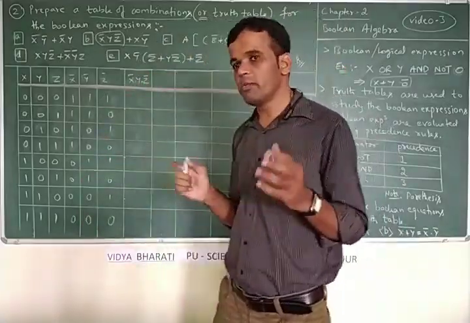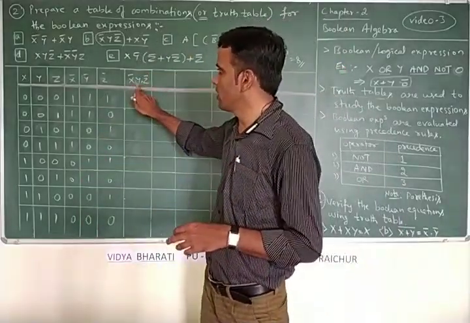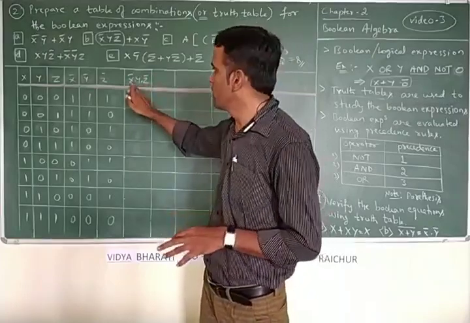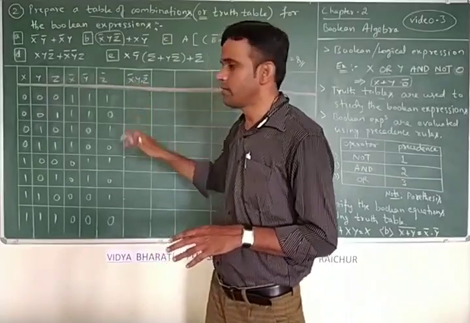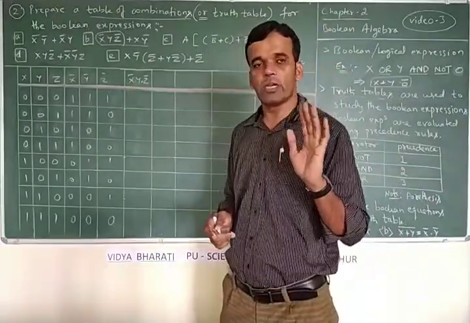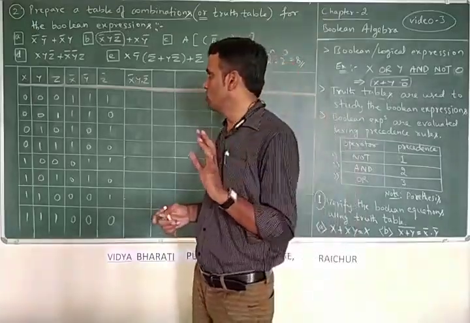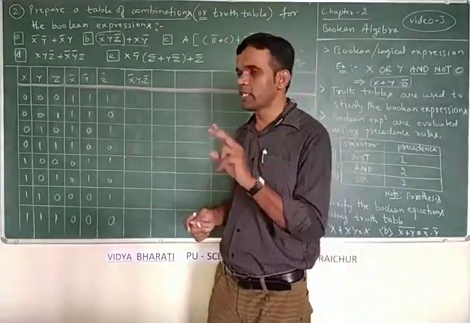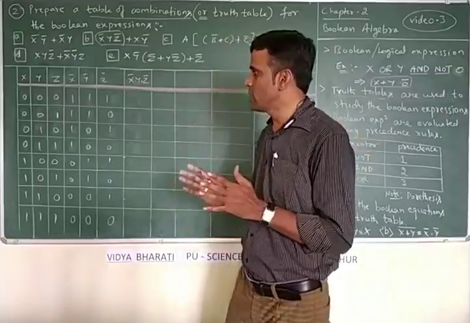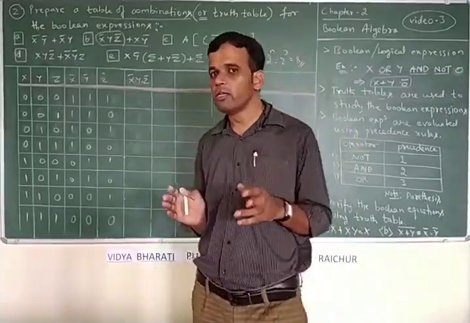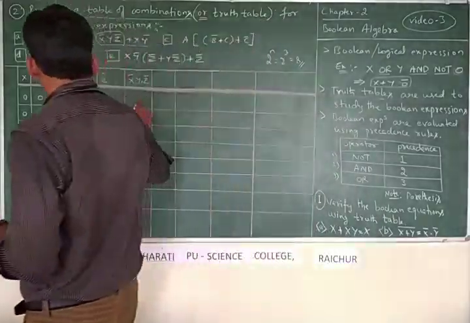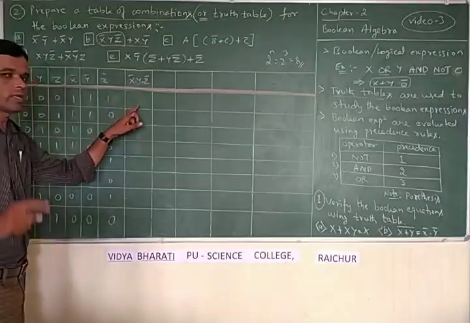AND between x bar and y, then with z bar means what? If x bar, y, and z bar all are 1, then the answer is 1. Otherwise, it is going to be 0. Whether it is 2 variables or 3 or any number of variables, you just concentrate on the property of AND. So if all are 1, then only we are going to write 1 here.